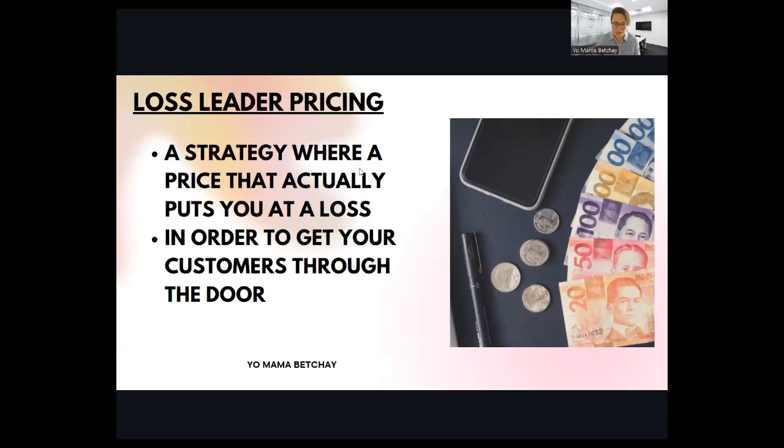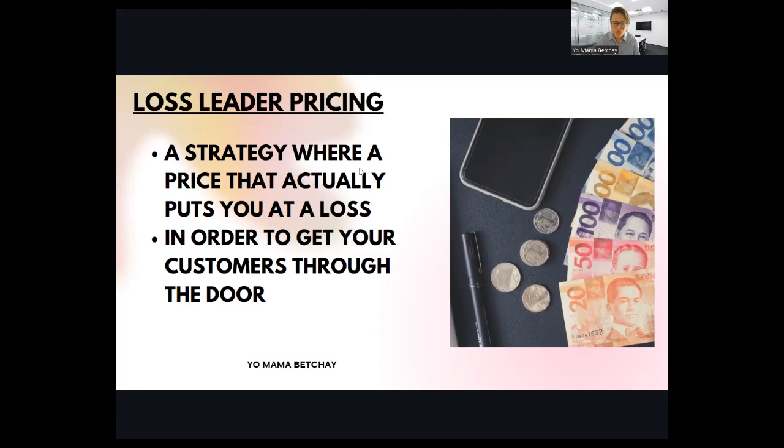So again, it involves setting only a few products to be sold at a lower price, and yung presyo na yon is actually putting you at a loss. And ang goal natin dito sa loss leader is in order to get your customers through the door para pumunta sila sa iyong online store or to your website.